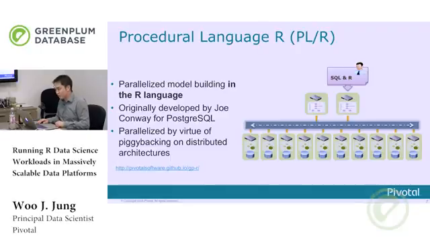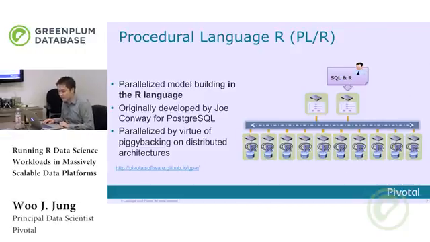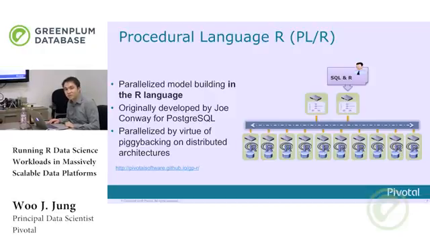Now, in the world of Postgres, this would not be parallelized. You'd still have R code embedded inside of SQL, but it would be on a single node Postgres machine. What's interesting for PL/R in the context of Greenplum is that you can parallelize it by the nature of Greenplum's MPP architecture, right?